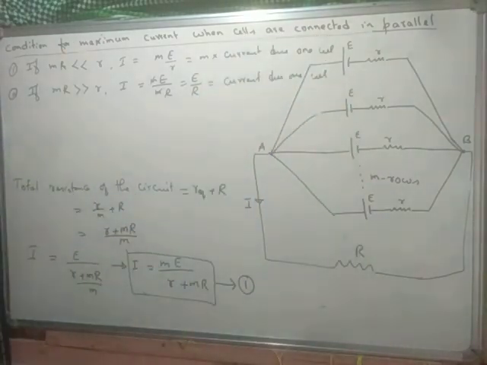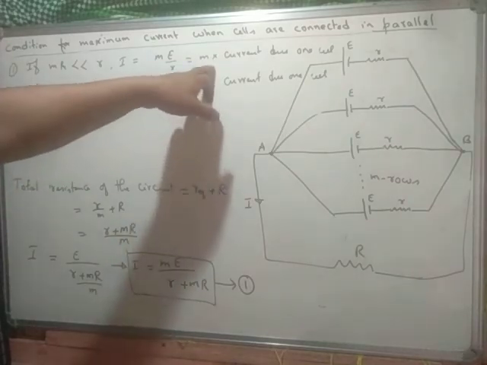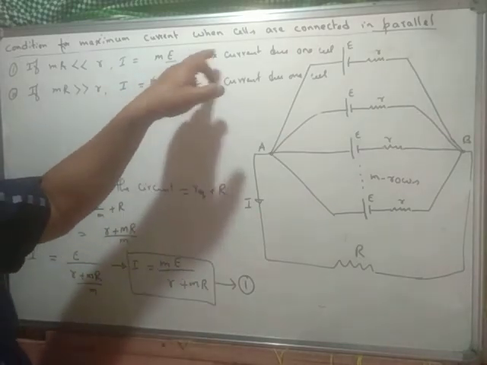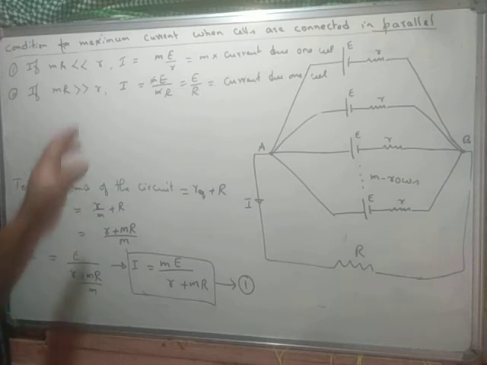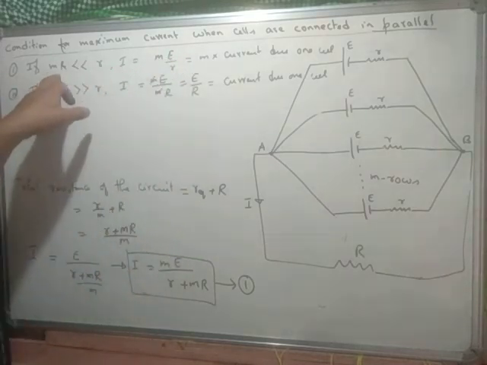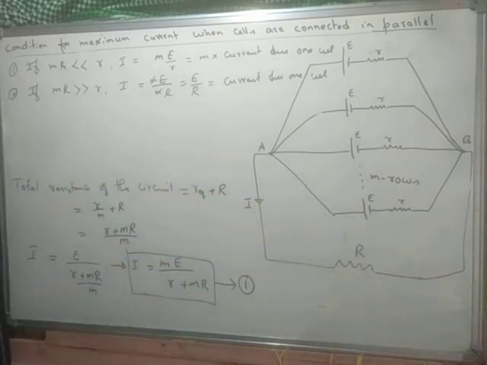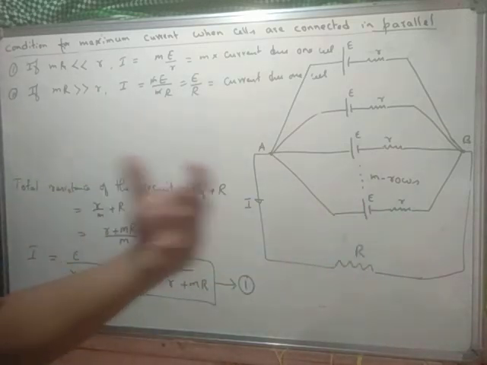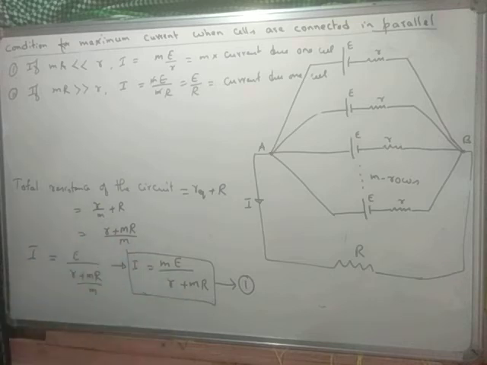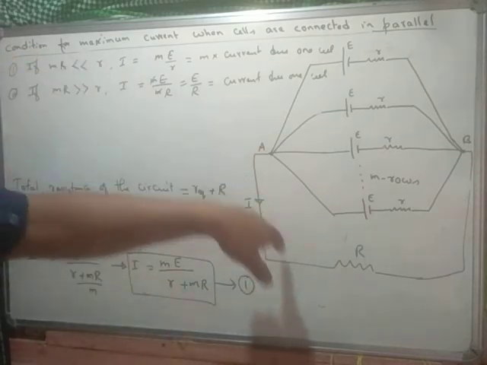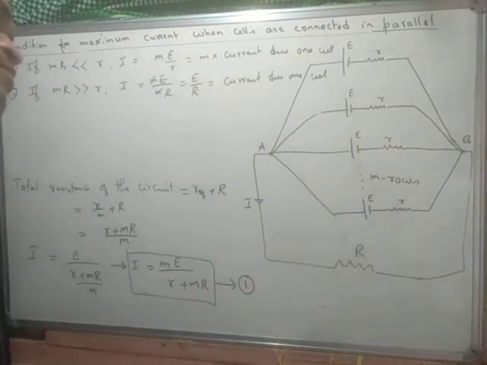Looking at these two equations, in special case number 1 we have a maximum current because it is equal to m times the current due to one cell. This condition happens when mR is very small compared to r, that is, when the external resistance of the circuit is very small compared to the internal resistance. When that is the case, the current passing through capital R is maximum.